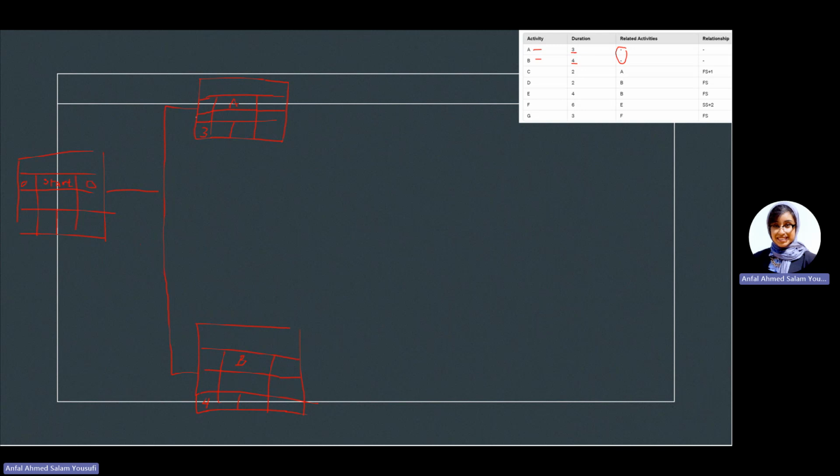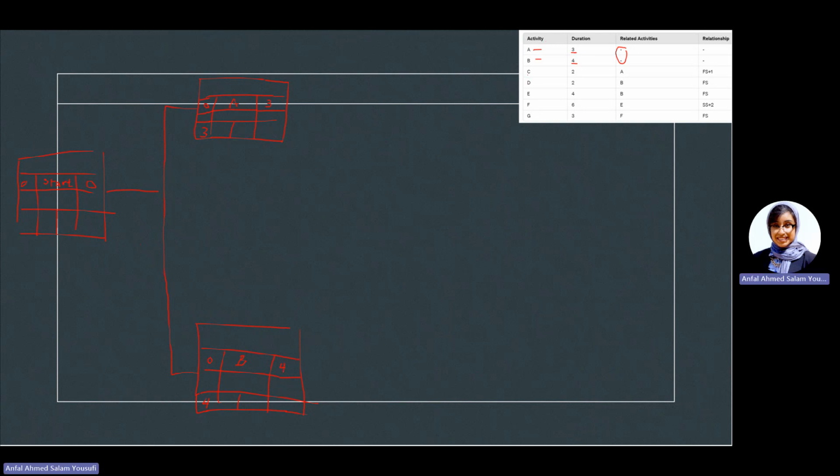So the earliest I can start A is in day number 0. If the duration is 3 days, the earliest I can finish is in day number 3. What about B? The earliest I can start is 0 because it's coming from start. The earliest I can finish this one, because it's going to take me 4 days, is in day number 4.